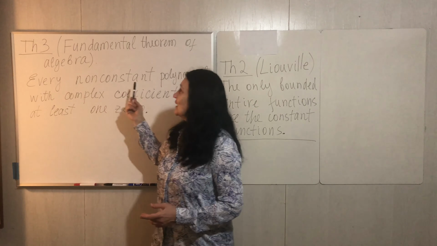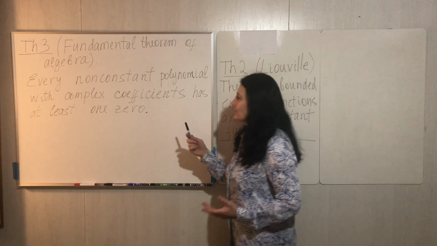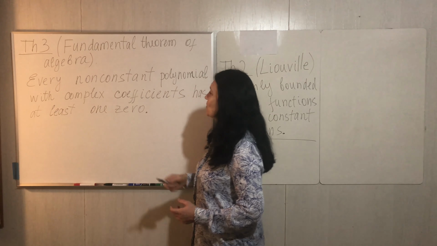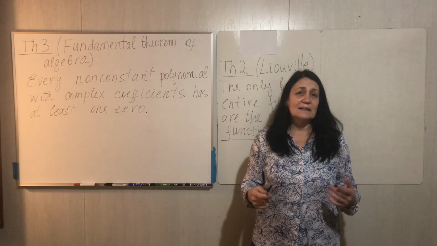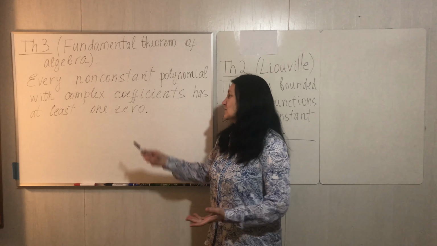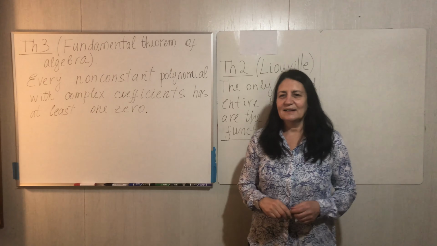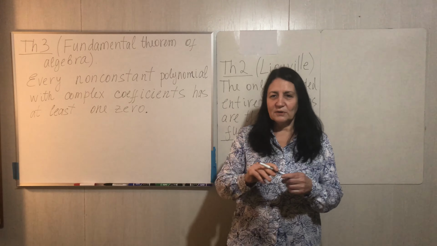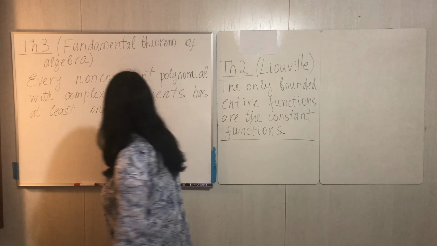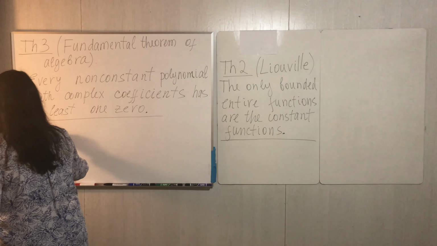You know that the fundamental theorem of algebra reads: every non-constant polynomial with complex coefficients has at least one zero. And from here it will follow that a polynomial of degree n has n zeros. So let's write down one of the polynomials, so that would be a proof.